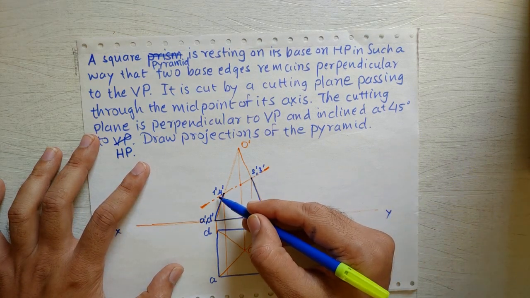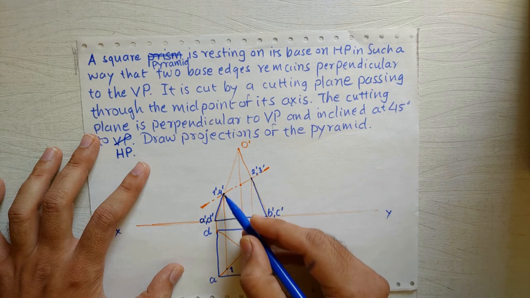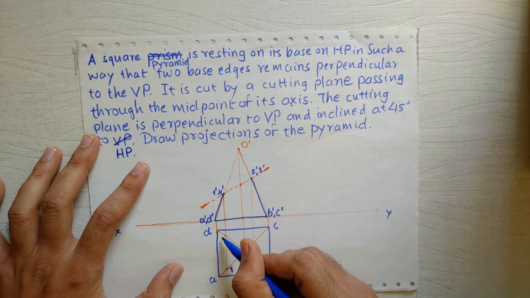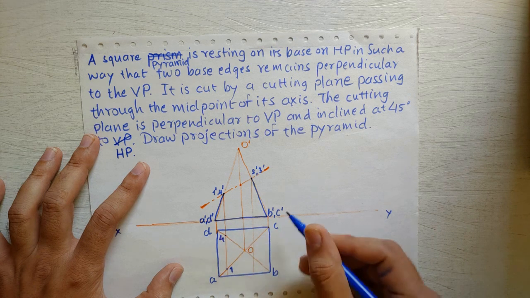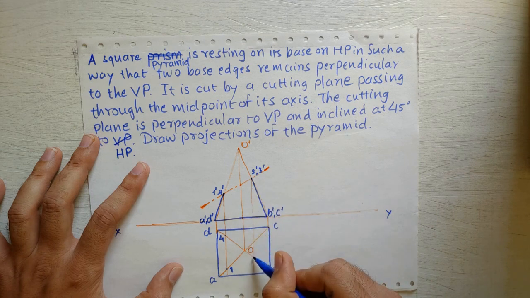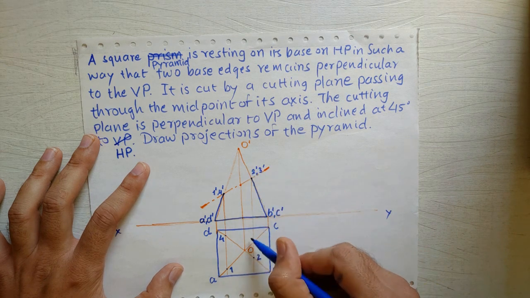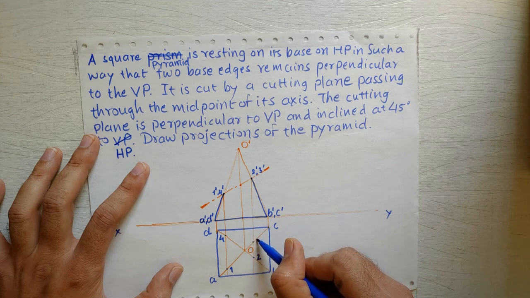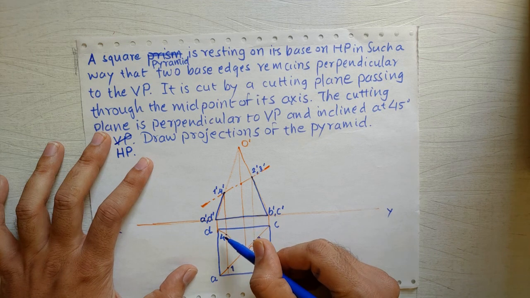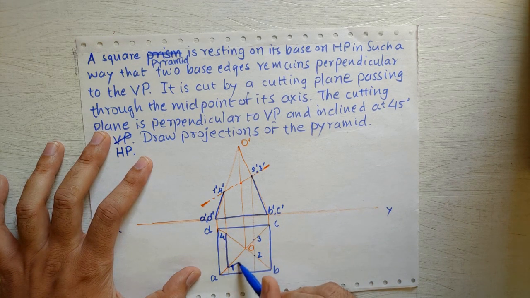Now 1 is located on AO, so I will say this is 1. 4 is located on D to O, so I will say this is 4. 2 is located on BO, so I will say this is 2. 3 is located on CO, so I will say this is 3. And now I need to connect these points. So I will connect them with straight lines.